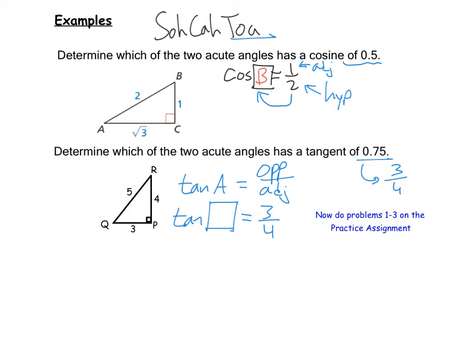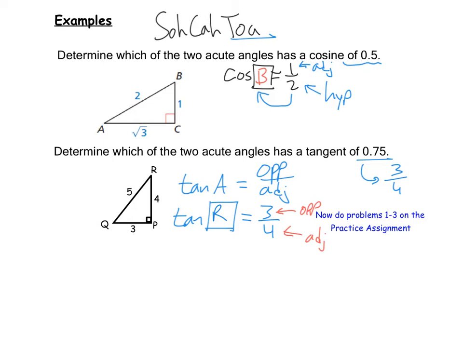So we want to know which angle has 3 as an opposite and 4 as an adjacent. Okay? Well, here's our 3, here's our 4. So is 3 opposite to Q? Nope, it's not. It is opposite to R, though, right? So we see that 3 is opposite to R, 4 is adjacent to R. So R is the lucky winner.